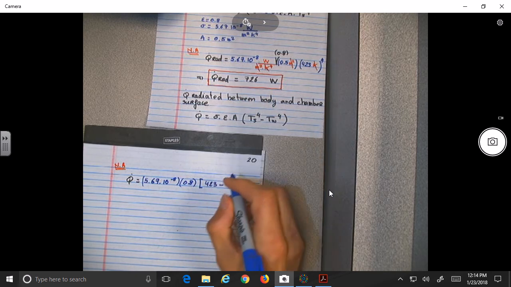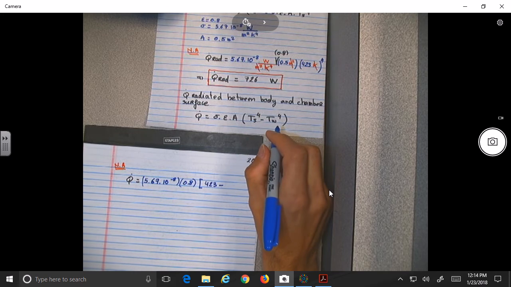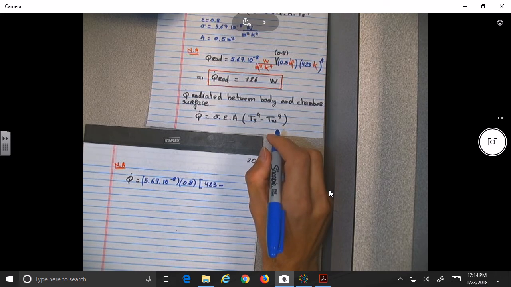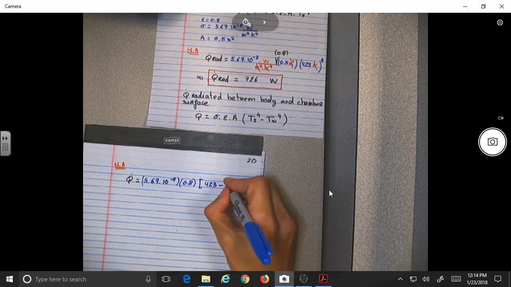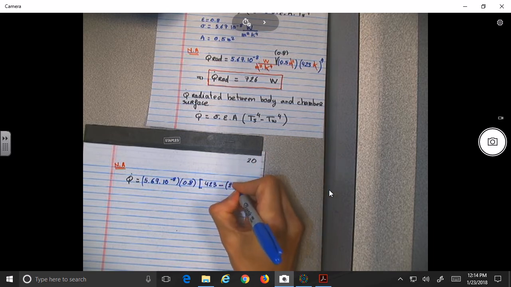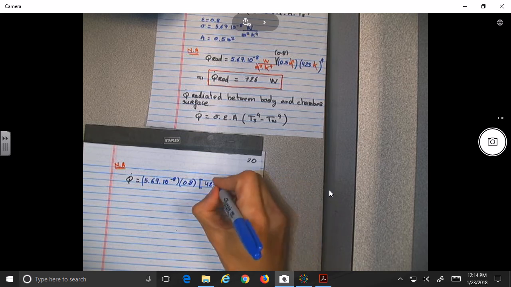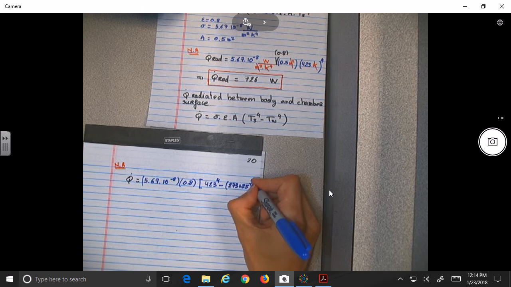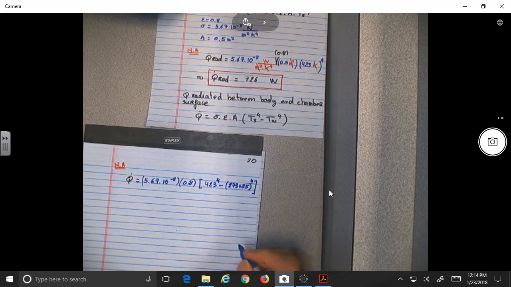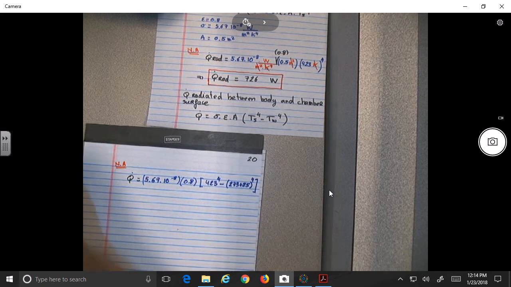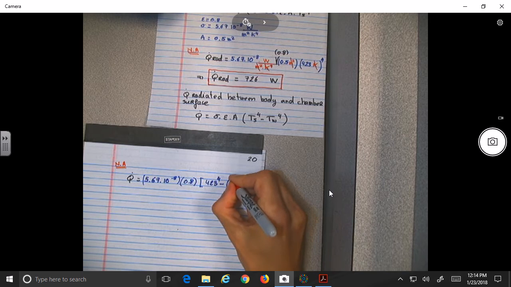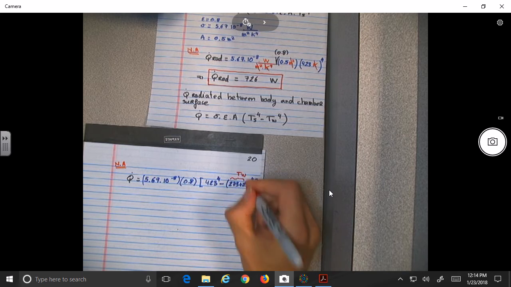Now what would be the one of the wall? 273, let me put it here, plus 25, no? 298, yeah? And this is to the power 4, to the power 4. So this is over here. I keep forgetting something, huh?